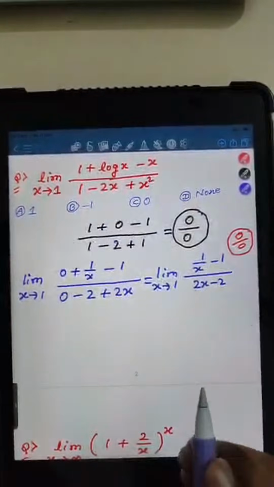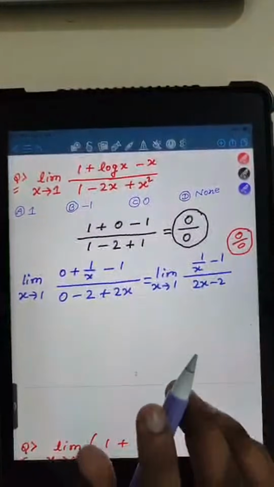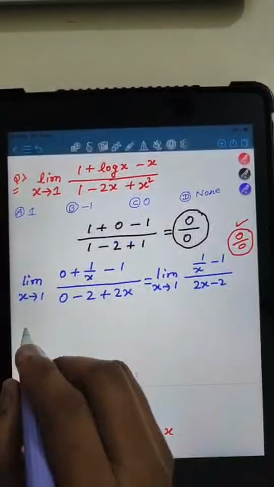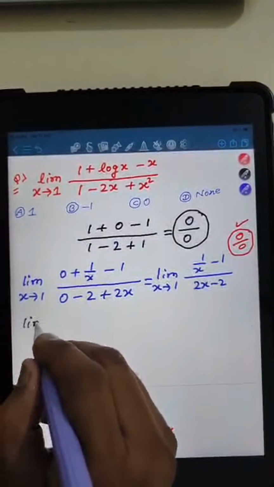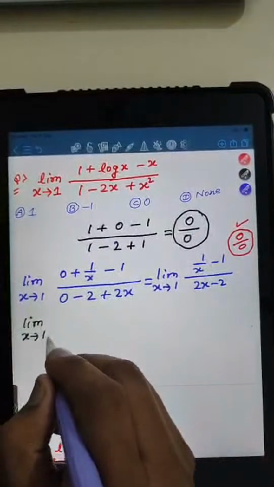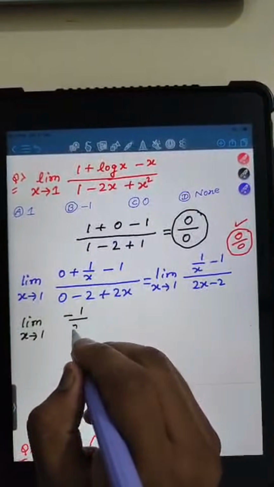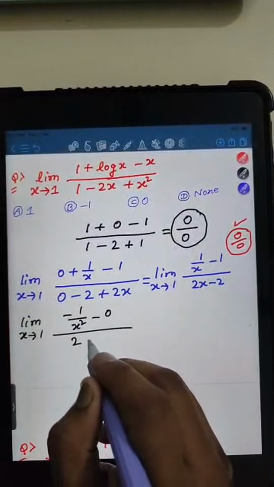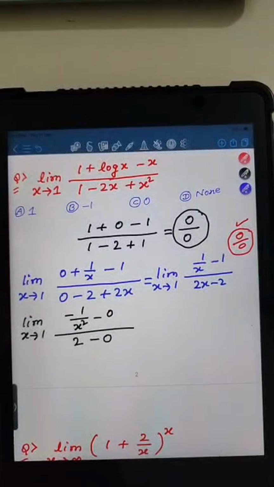You can put x equal to 1, and you will see that it is again having 0/0 form. So that's why you have to again differentiate in numerator and denominator. So once you differentiate the numerator, you will get this thing, 2x ka derivative 2, 2 ka derivative 0.